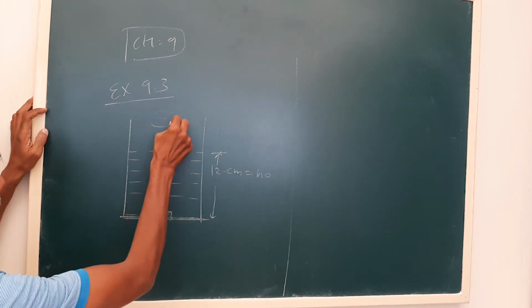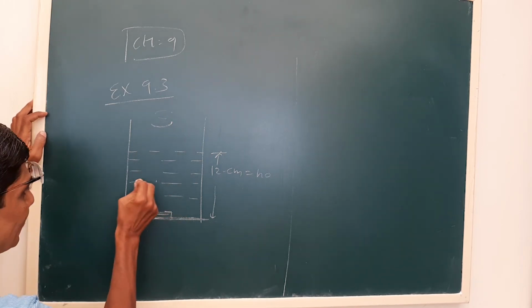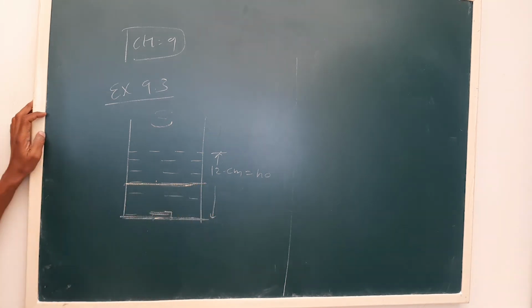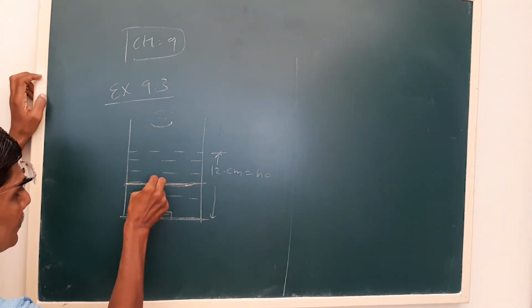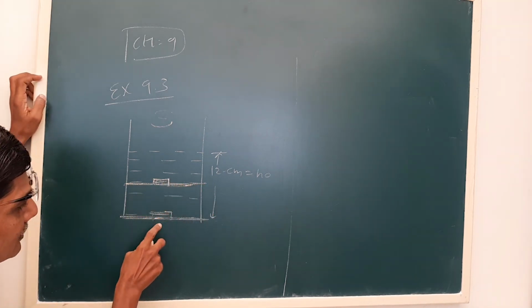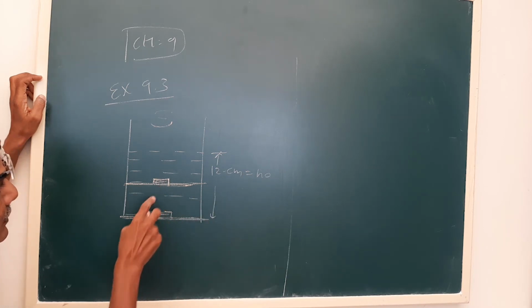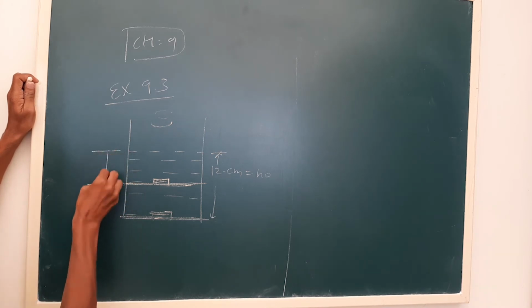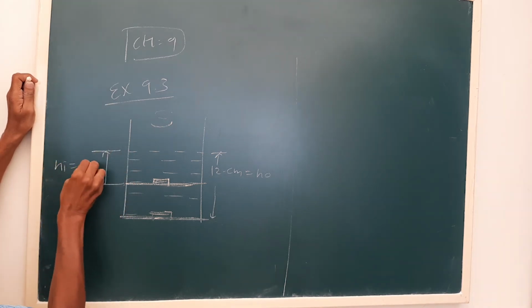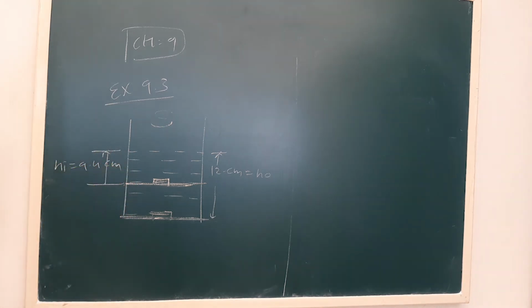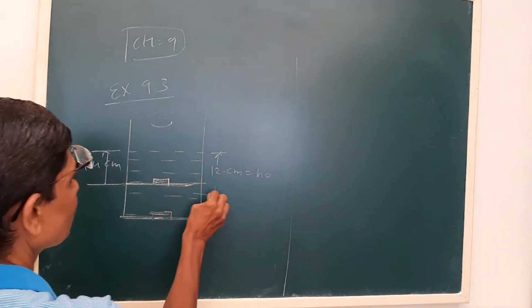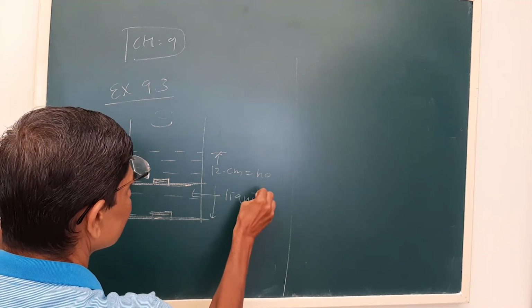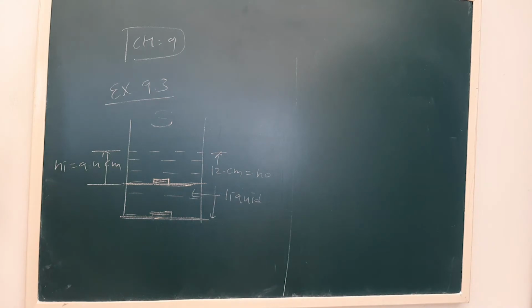When viewed from the top, see it appears raised. Now the bottom is shifted due to refraction. Let us say the object placed at 12.5 centimeter depth appears here. See, that height obtained is 9.4 centimeter. We have to calculate the refractive index of the liquid.